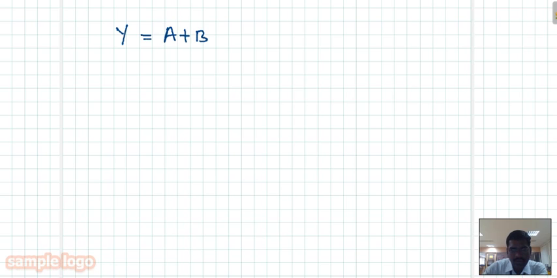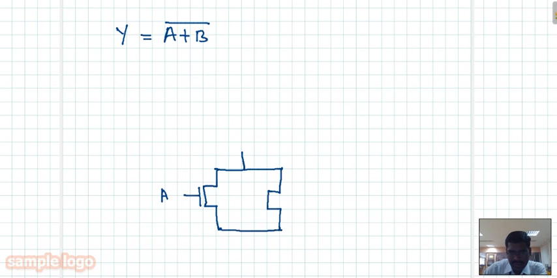So now we are going to draw the two input NOR gate. The NOR gate has Y equal to (A plus B) whole bar. So it is a plus operation, and your NMOS should be in parallel and your PMOS should be in series.